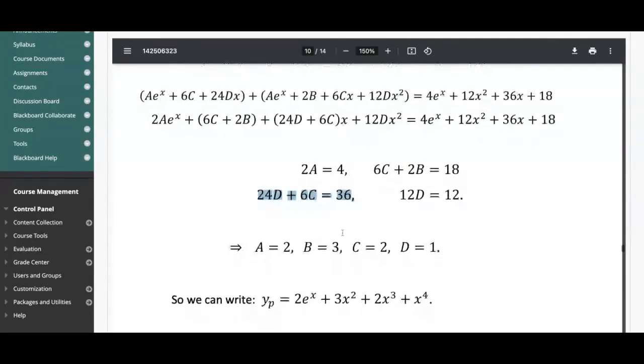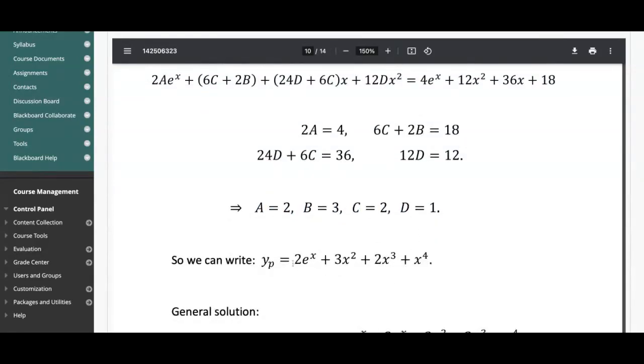So solve this system of equations. We get 2, 3, 2, 1. So plug back into the particular solution. We get 2e to the x, 3x squared, 2x cubed, plus x raised to 4.